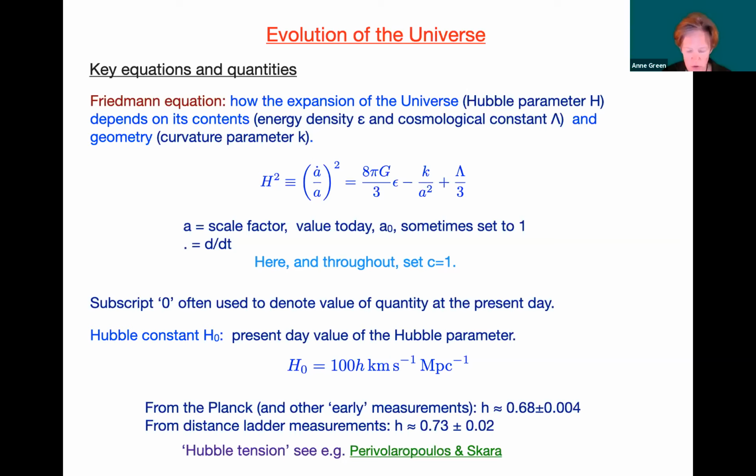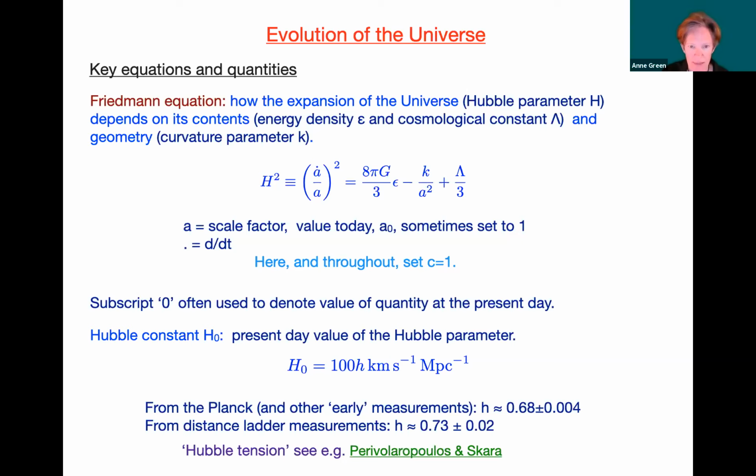Another cosmological convention is to use subscript zeros to indicate values of quantities at the present day. It isn't always used. We'll see later on today times when it isn't, but sometimes it is. In particular, a0, the value of the scale factor today, is often but not always normalized to 1.